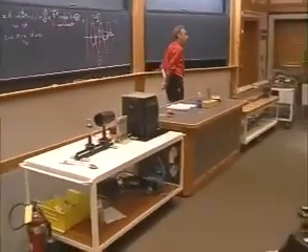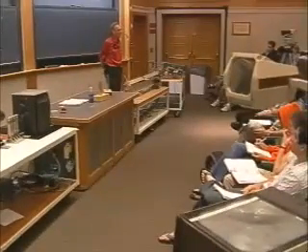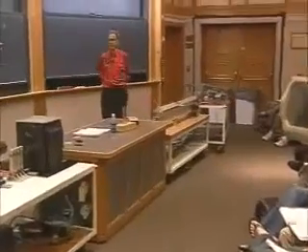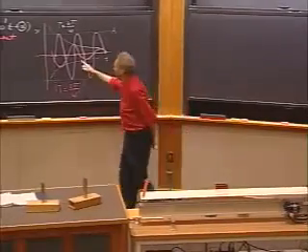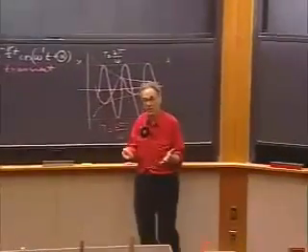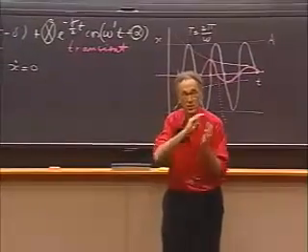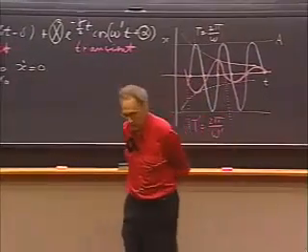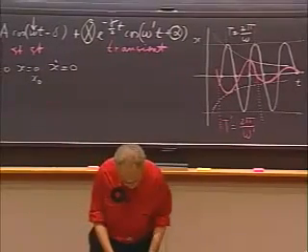Because now you have two harmonic oscillations which have to be added, but the frequencies are a little different. And if this one survives long enough, there comes a time that they are in phase, there comes a time they're out of phase, and when they're out of phase, you see very low amplitude. And so you're going to see a beat phenomenon. And that is exactly what I want you to see.